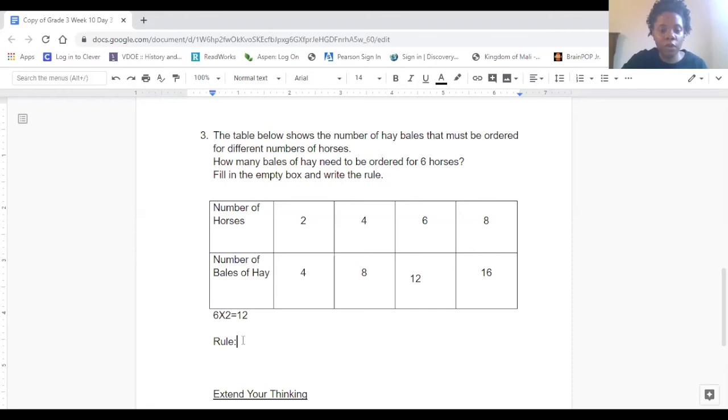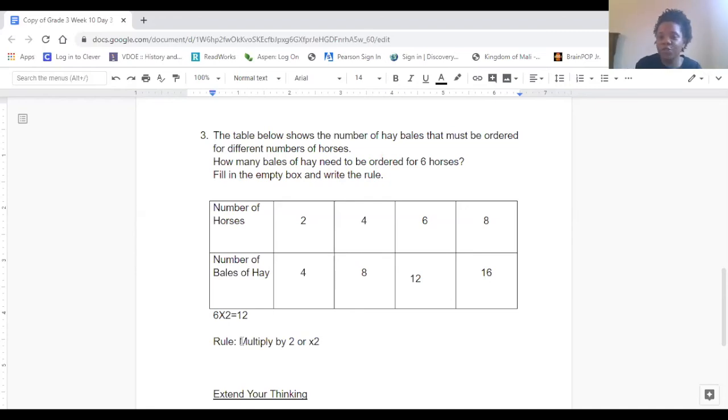So my rule is, let's see. Multiply by 2, right? Or here's another way to say it. Times 2.